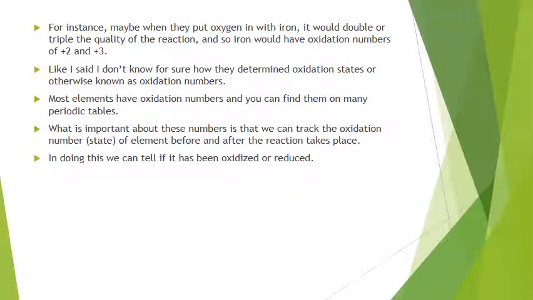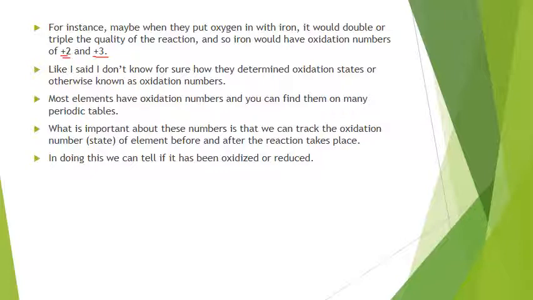First, maybe when they put oxygen to iron, it would double or triple the quality of the reaction. And so iron would have oxidation numbers plus 2 or plus 3. Then maybe they did it with copper, and they saw that copper reduced to plus 2 and plus 1.